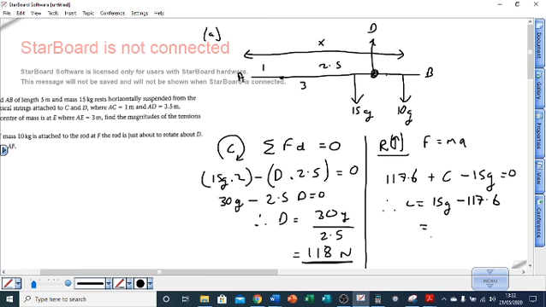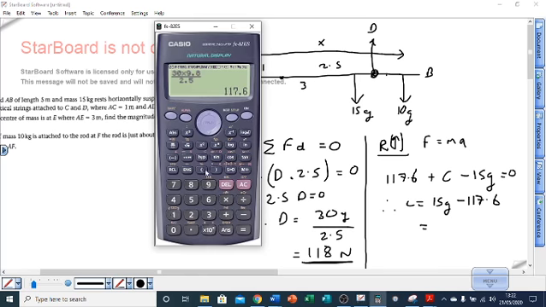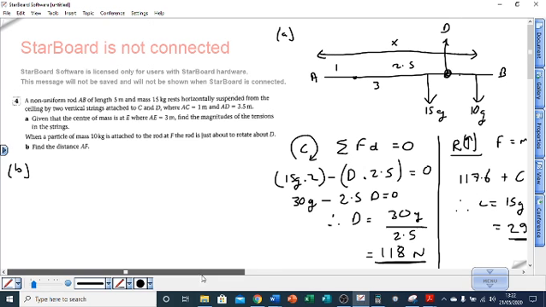So I've got brackets 15 times 9.8 minus previous answer equals that, which gives us 29.4. So 29.4 newtons in the other direction. Okay, so that's finished off.